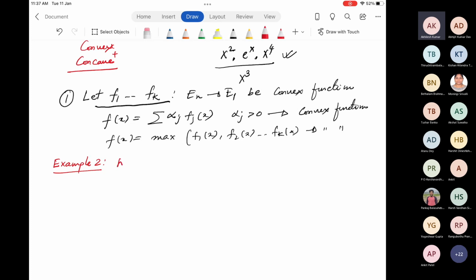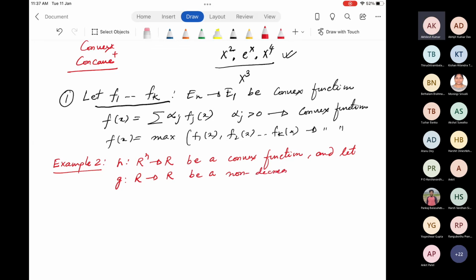So suppose there is a function h from R into R, be a convex function, and let g, this is a 1 dimension to 1 dimension function, be a non-decreasing convex function.